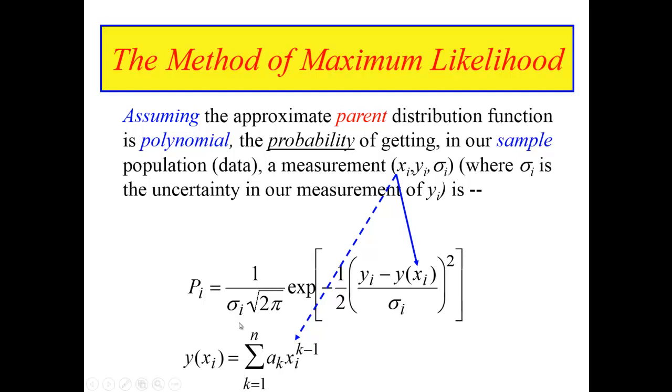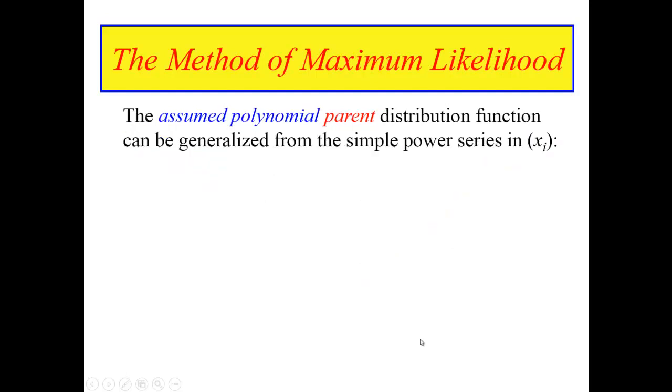And the general function now we're going to express in summation notation because it's a polynomial function characterized by a coefficient and then a power of x. So these parameters and the data points all appear in this probability function.